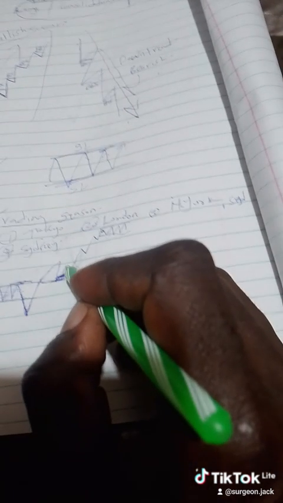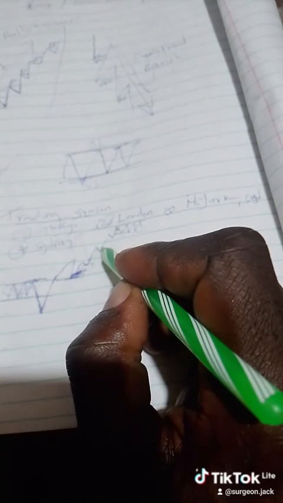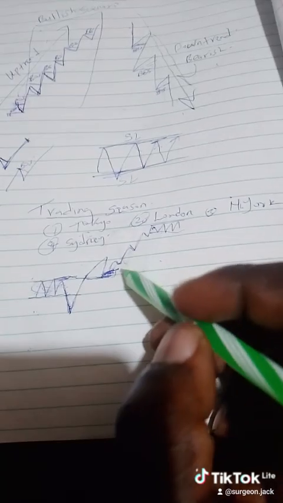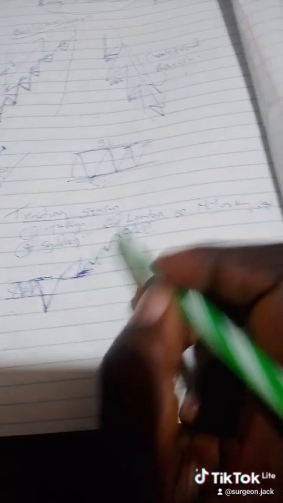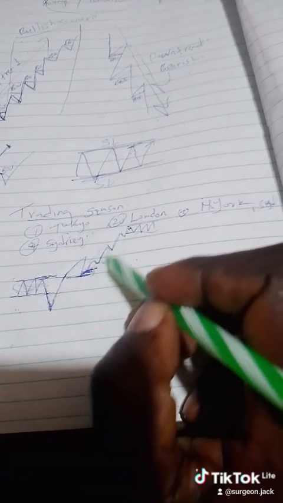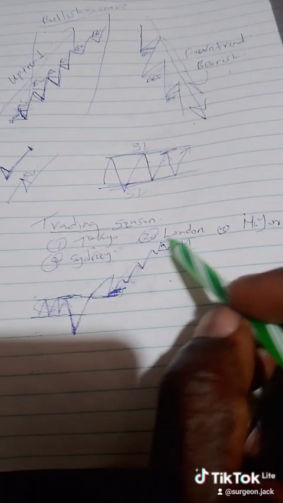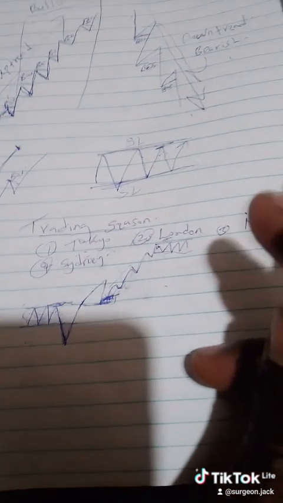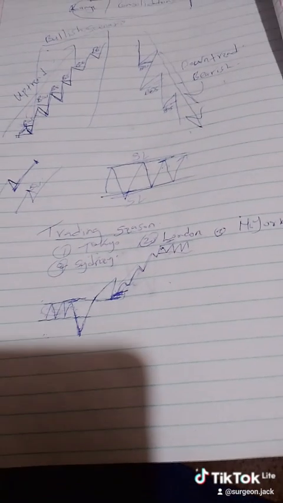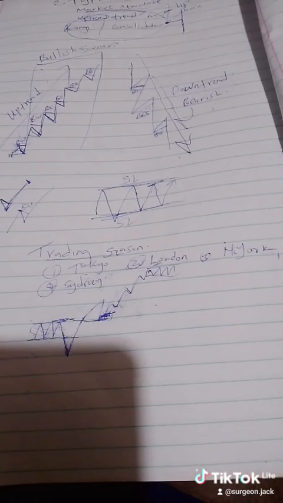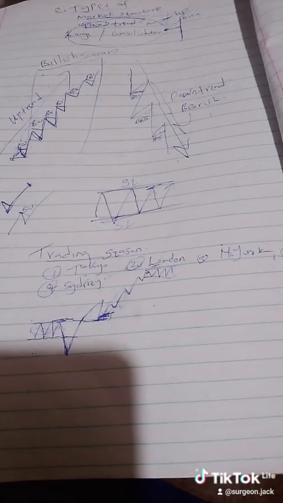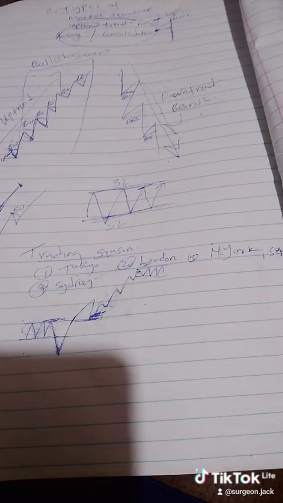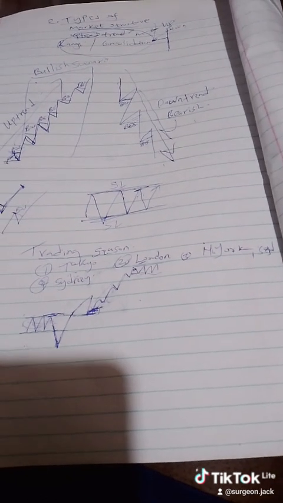When the trend is strong like this, it means sometimes it is in Tokyo and London session. You see I say London session. This London session opens around 8:30 a.m. in Kenya time.